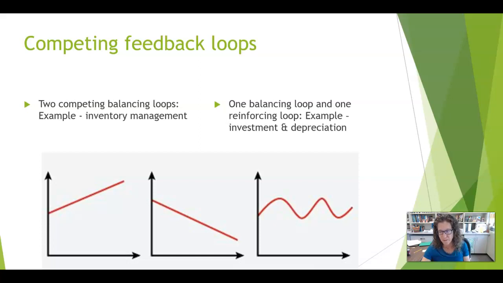And this is a great example for recognizing that our stock can be influenced not just by increasing the balancing loop, but also by decreasing the reinforcing loop. We can improve or increase our output by increasing investment, right?